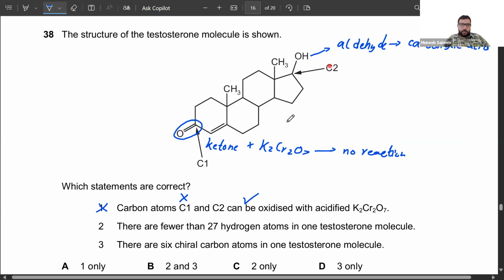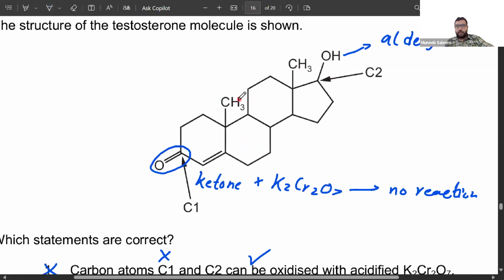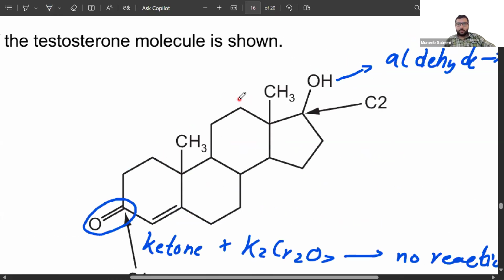Now let's check statement 2. It says there are fewer than 27 hydrogen atoms in one testosterone molecule. So let's check how many hydrogen atoms are there. For that purpose, I will indicate all the hydrogen atoms that are present in this molecule.